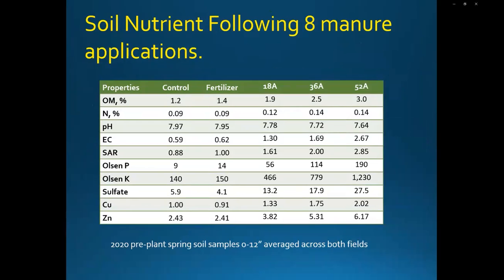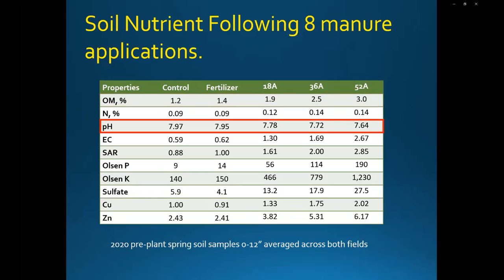This would have been following 8 manure applications. As you can see, the organic matter increased quite a bit, so our controls were about 1.2%, while our highest manure application rates were at 3%, so more than doubled the amount of carbon in that system.